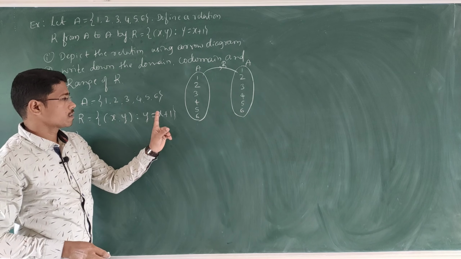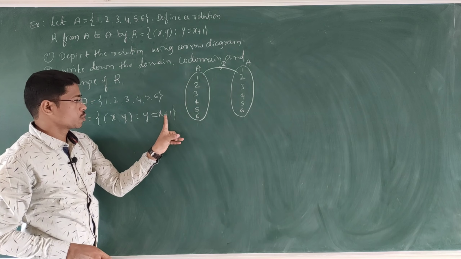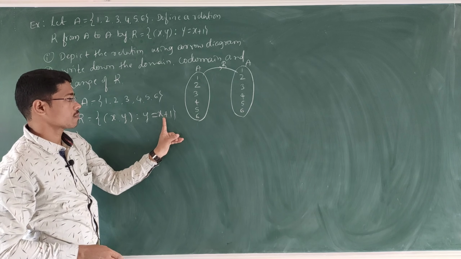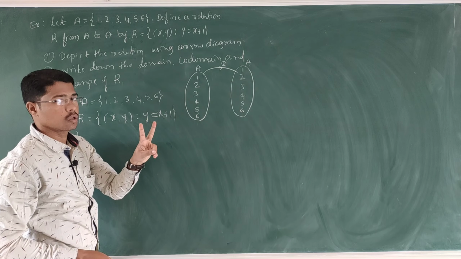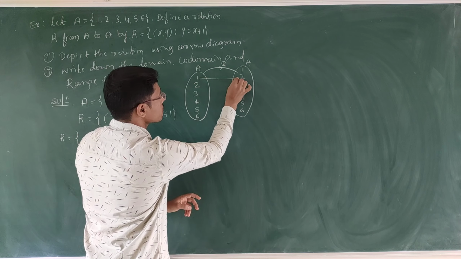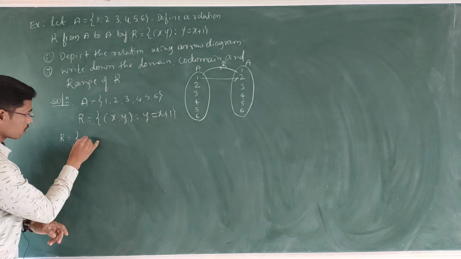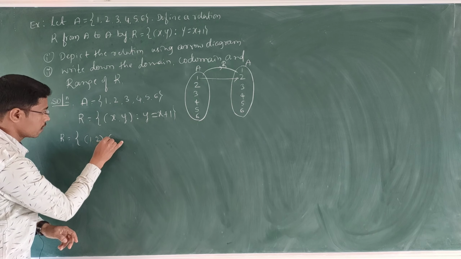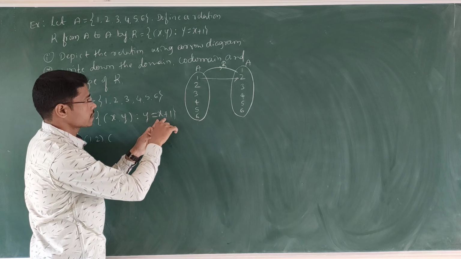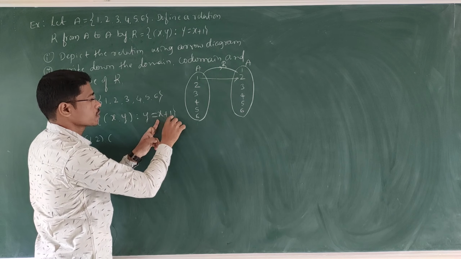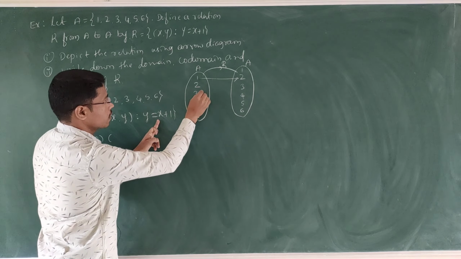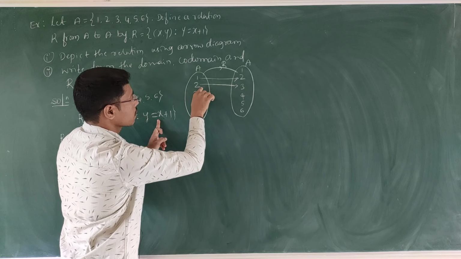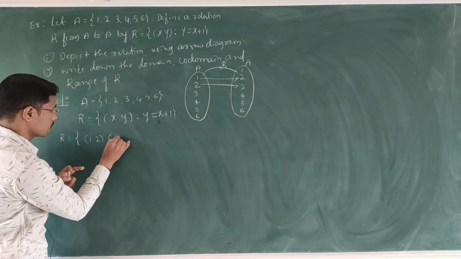Suppose x equal to 1, substituting gives y equal to 2. So 1 is connected to 2, ordered pair is (1, 2). Next x equal to 2, 2 plus 1 is 3. So 2 connects to 3, ordered pair is (2, 3).